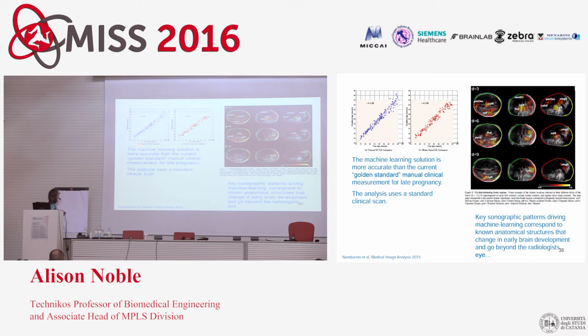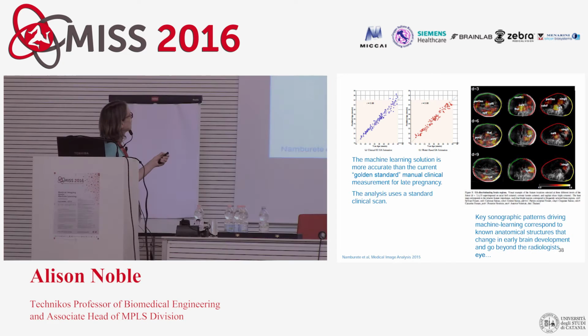Does it work? What's shown here in blue on this side is the true age versus the predicted age. The blue example is measuring based on head circumference. If you fit ellipses to ultrasound data as a measure of manual head circumference, then later in pregnancy, which is the time we're interested in, you get deviations from the true age versus the predicted age.